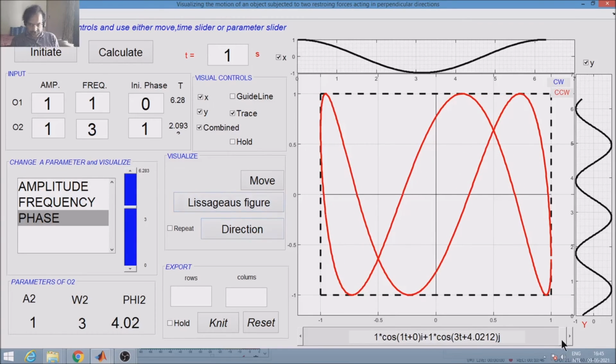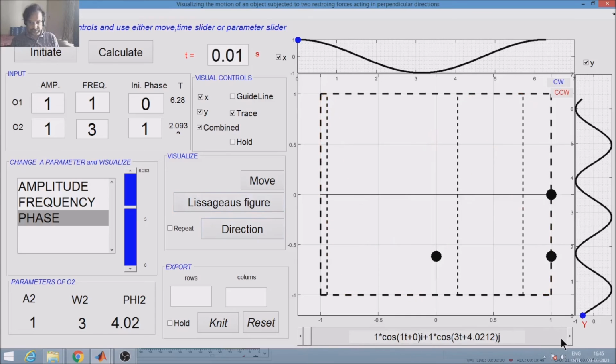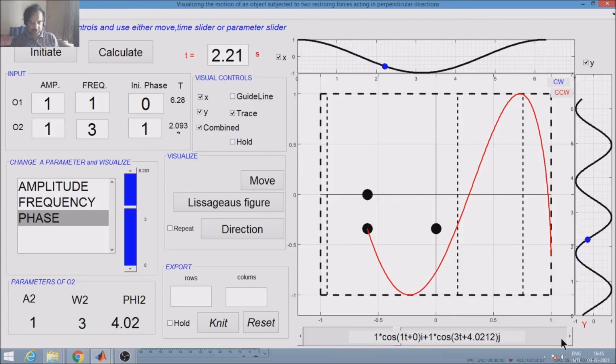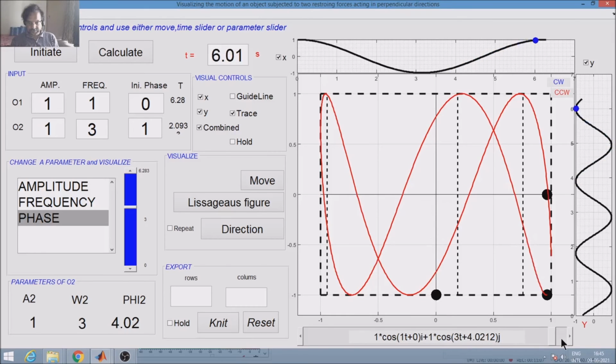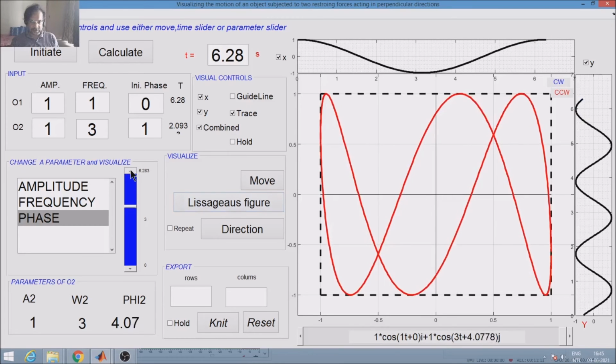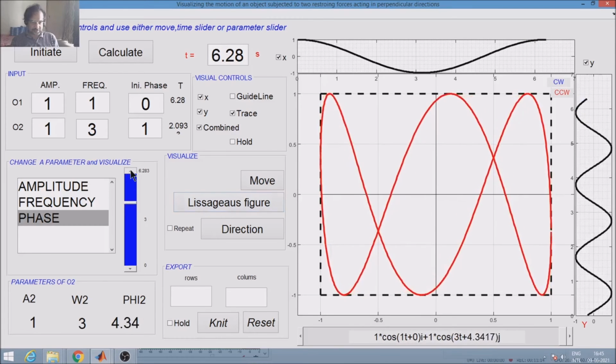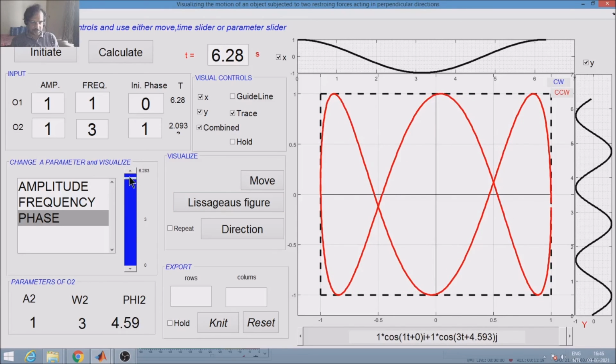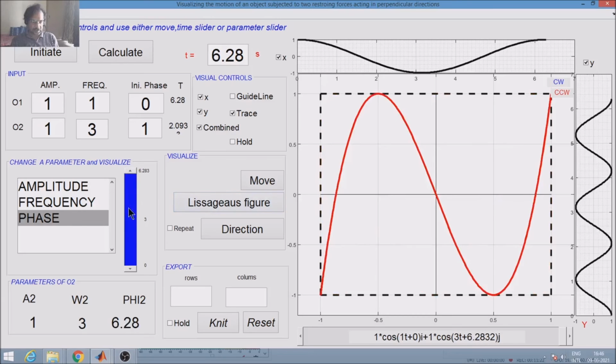Let's observe this motion anti-clockwise, t equal to 0. Observe the x and y positions where it would have been if the individual oscillator was there, and observe the trace, the combined motion. So again it forms a closed path. Going back to 2 pi, so this is with 2 pi.